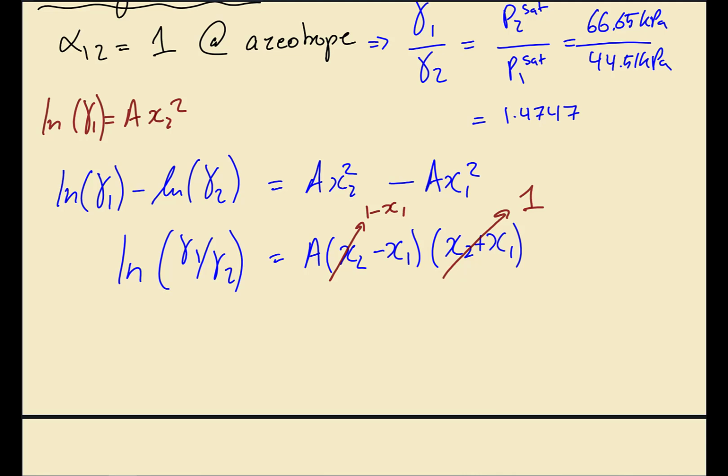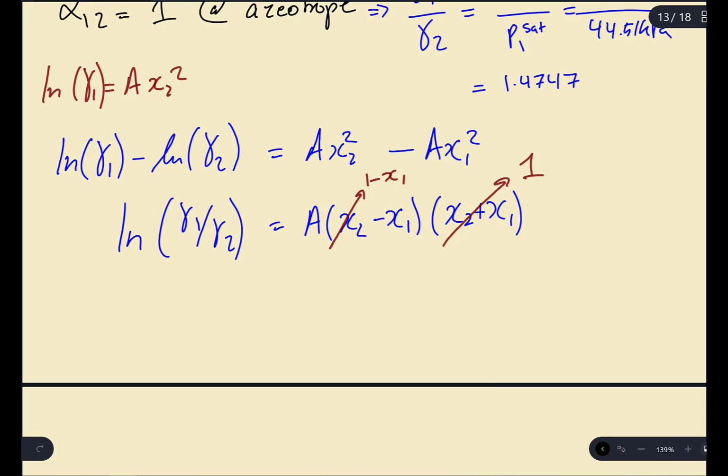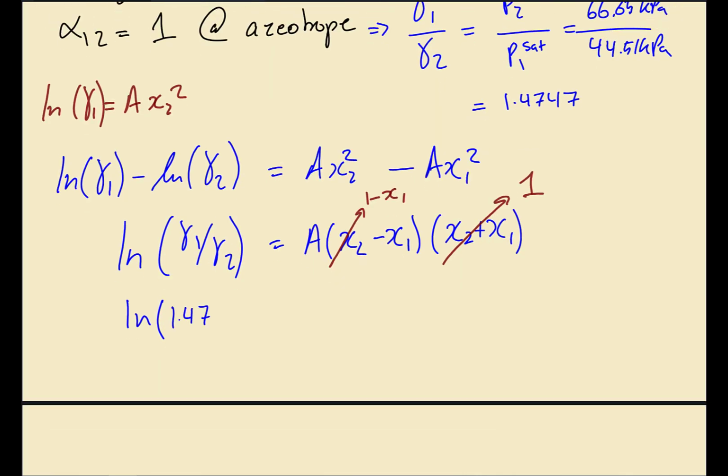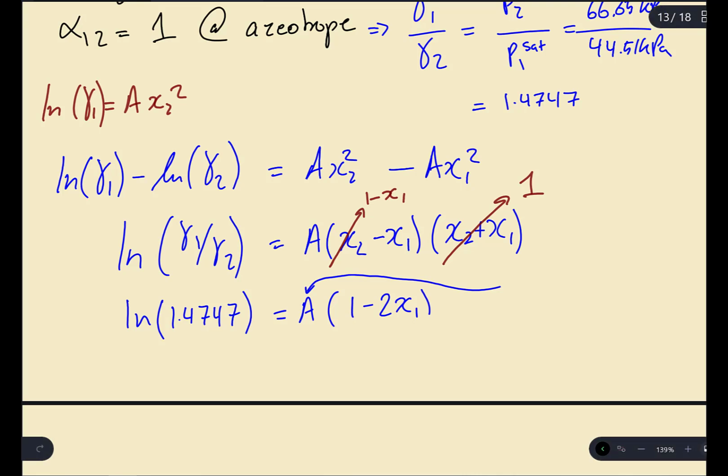So then we can write natural log. In here, I'm just going to plug in the number 1.4747, because we know that from here. And then that's going to equal a multiplied by 1 minus 2x1. A is a function of what? Temperature, right? So T is given. We can solve for A. The only unknown is x1.